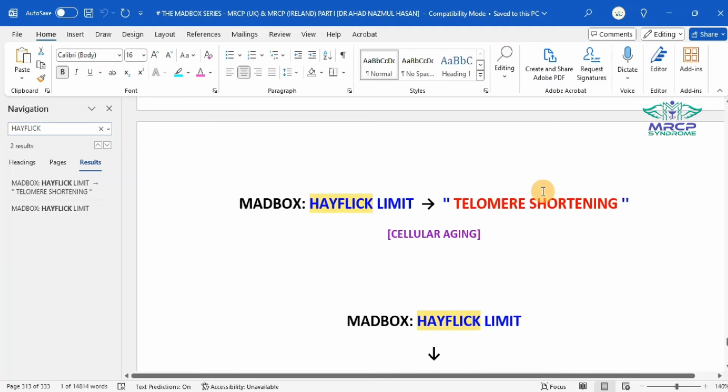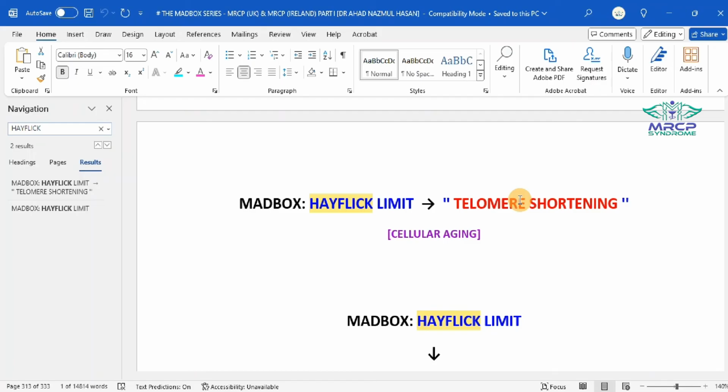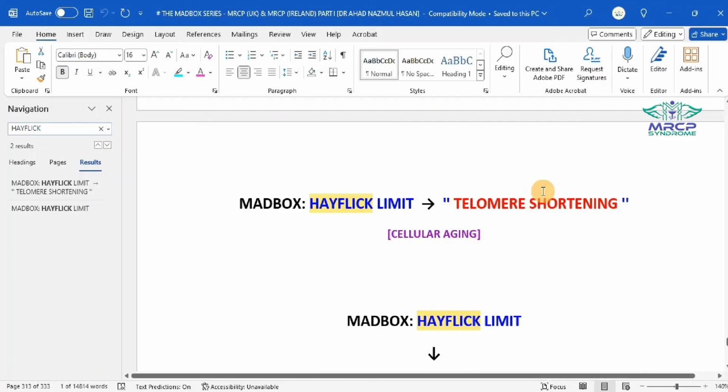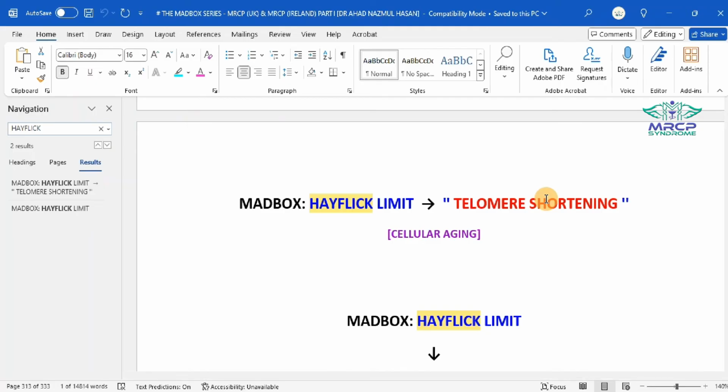And unlike the normal cell, the cancer cell bypasses the Hayflick limit by activating telomerase, an enzyme that prevents telomere shortening, allowing for indefinite division.